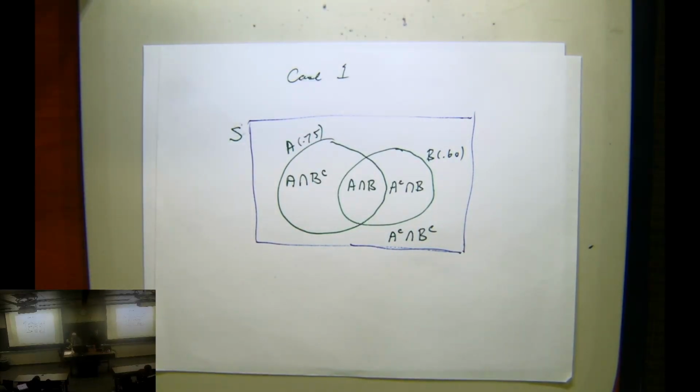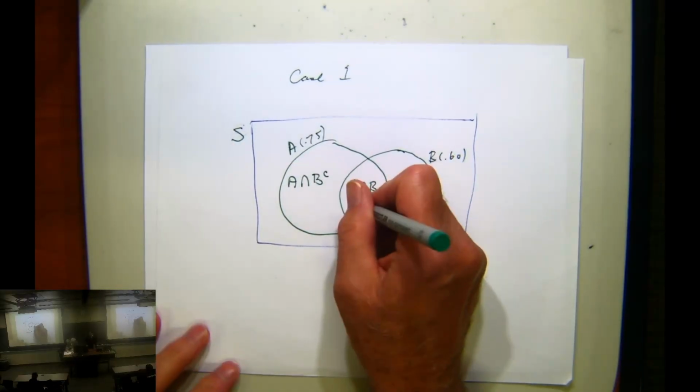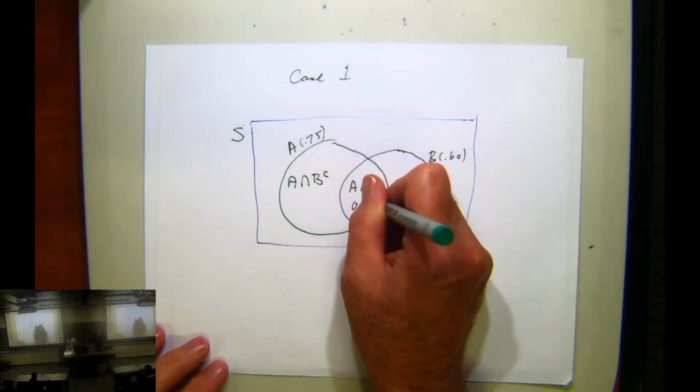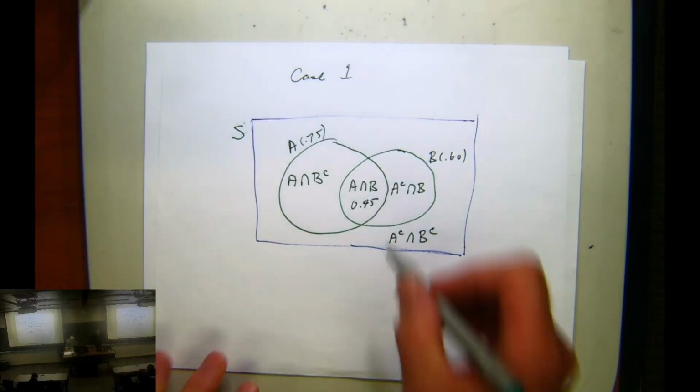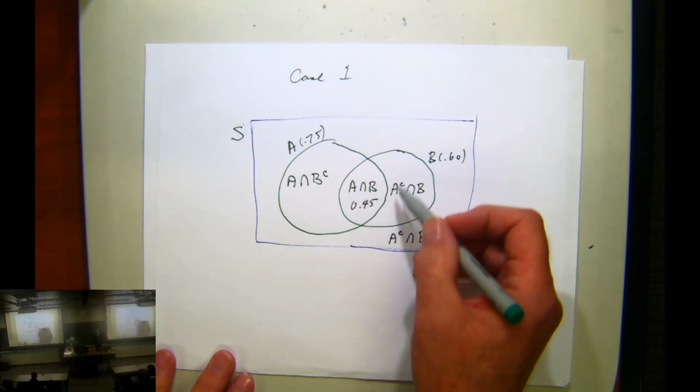Okay? And then we can go through and label our probabilities there. And we worked out the probability of A intersection B being 0.45. And the probability of A intersect B complement, well, I could go work it out again, but hey, 0.45.